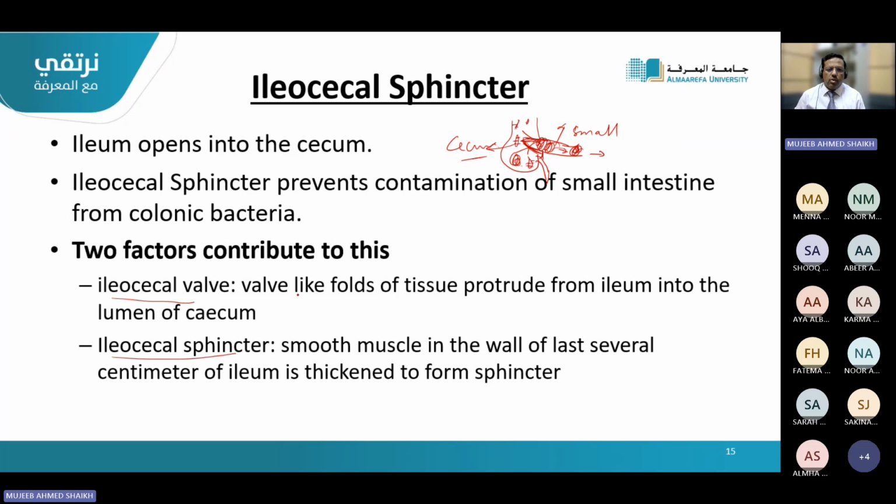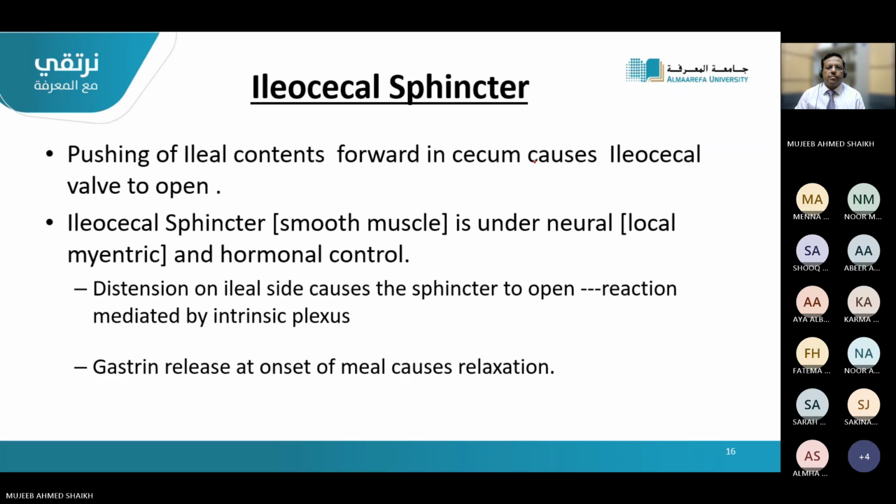The ileocecal valve is a fold of tissue, 2 folds of tissue protruding from the ileum, whereas the smooth muscles around this area, the lower part, is known as the ileocecal sphincter, which is remaining closed all the time except during the meal. When the food is coming, it will open.